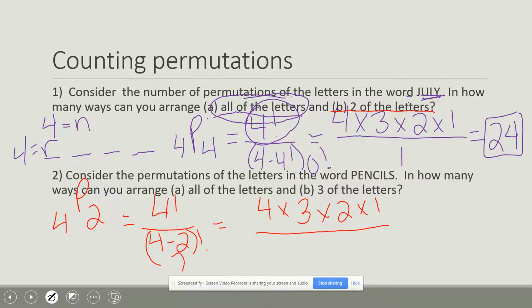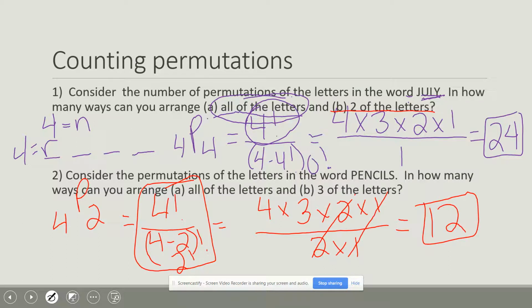On the bottom, we have 2 factorial. 4 minus 2 is 2. 2 factorial is 2 times 1. So now, when we learn how to put this in the calculator, we can put that whole thing in the way that it is. But for right now, we can either do the math and have 24 divided by 2, or this is a fraction. And since we have like things on the top and the bottom, we can always reduce out, and we're left with 4 times 3, which is 12.